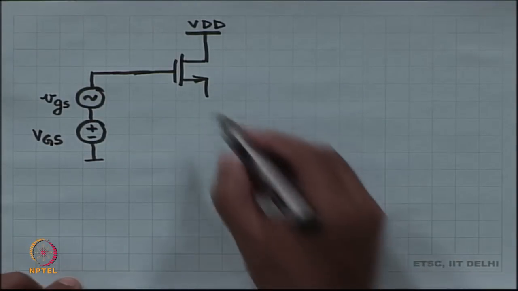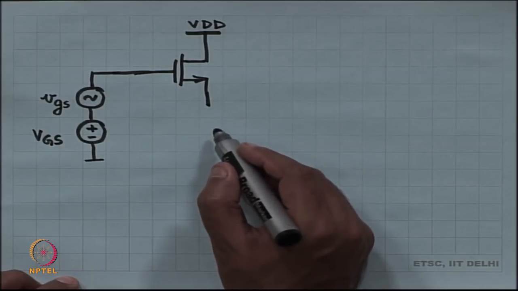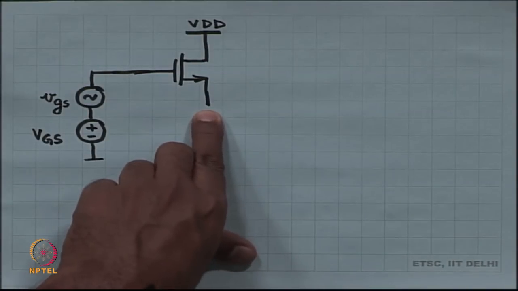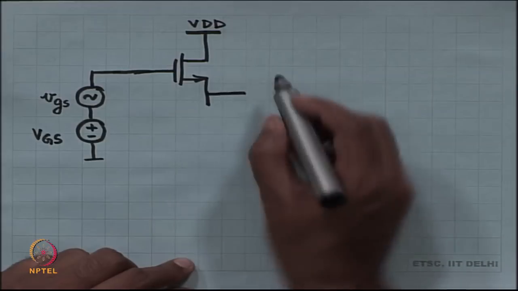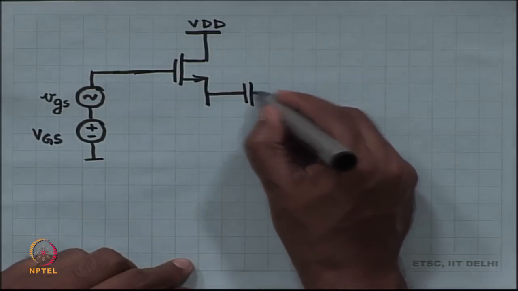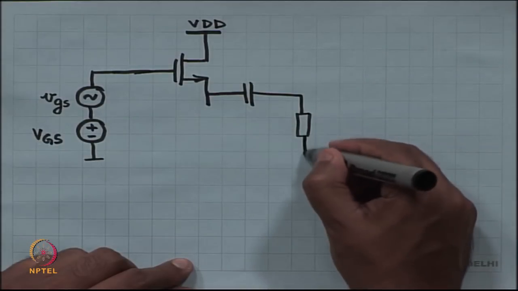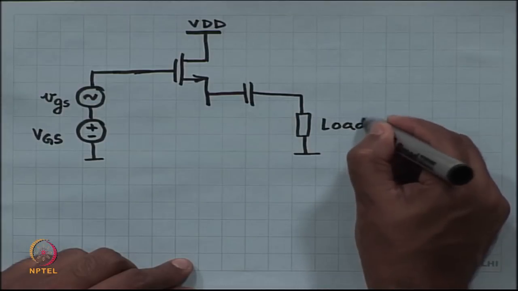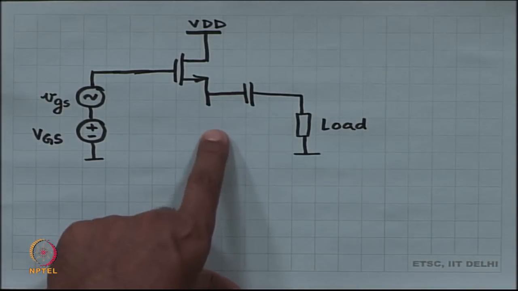And once again, what we are going to do is, ordinarily you are going to put a current source over here, or you are going to put the load over here, over there at the source. Instead, we are going to put the load AC coupled to the source, and we are going to achieve this bias point ordinarily through a current source.